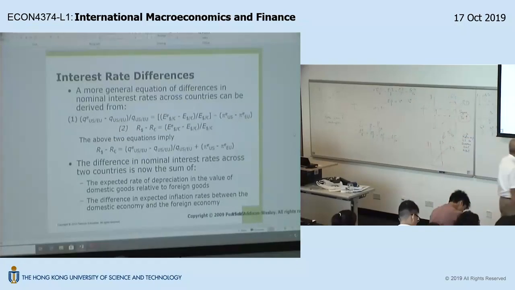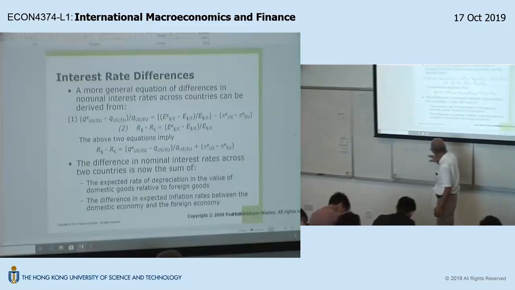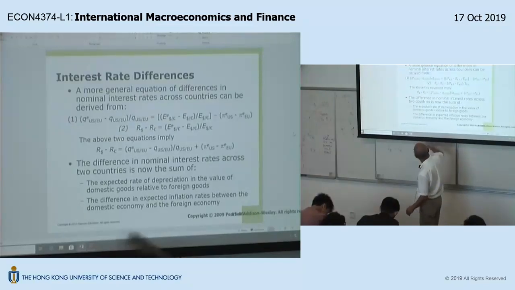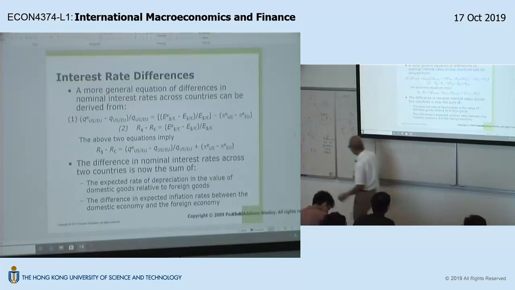Think about it. The original equation says that relative PPP holds. If Q is constant, then we have the Fisher effect, the international Fisher effect.